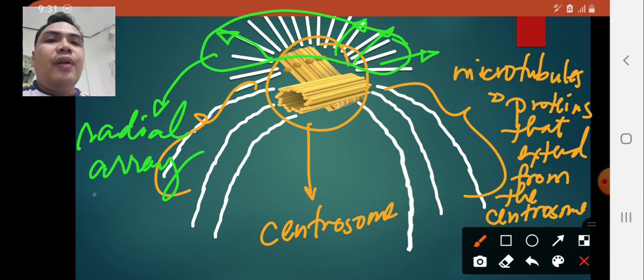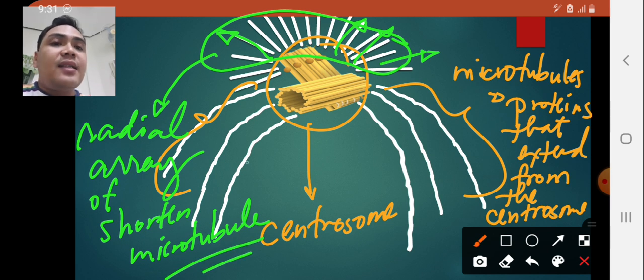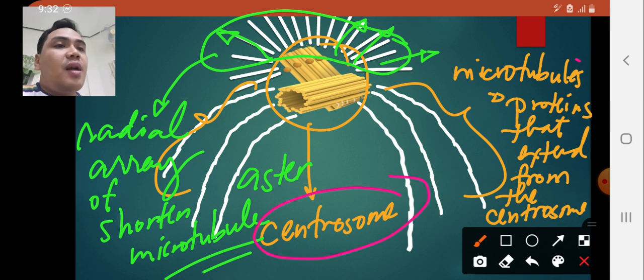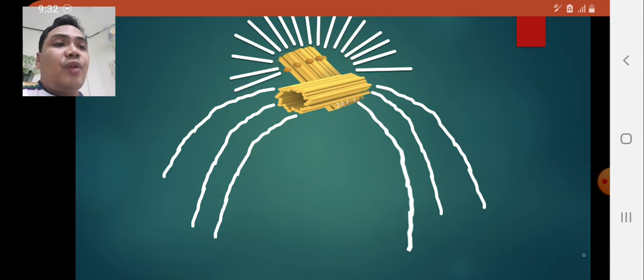A radial array of shorter microtubules is known as aster. So these are the three main parts of the mitotic spindle: centrosome, microtubules, and aster. And they are visible within the prophase stage.